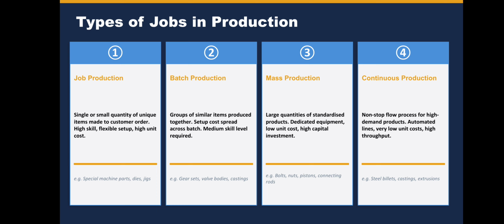Job production means single or small quantities of unique items made to customer order. Job production needs high skill, flexible setup, and has high unit cost. Examples are special machine parts, dies, jigs, etc.